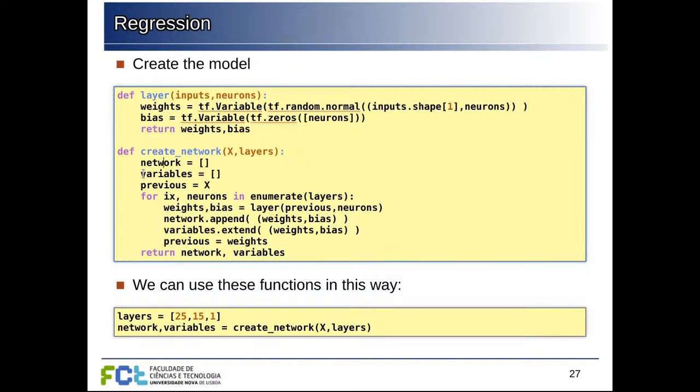And we can also create just a flattened list with all the variables. So we're going to extend this list with the weights and the bias. And so we have that list of variables that we can use for the gradient tape and for the stochastic gradient descent and so on. And now we're going to point the previous output not to the input values, but to the output of the previous layer.